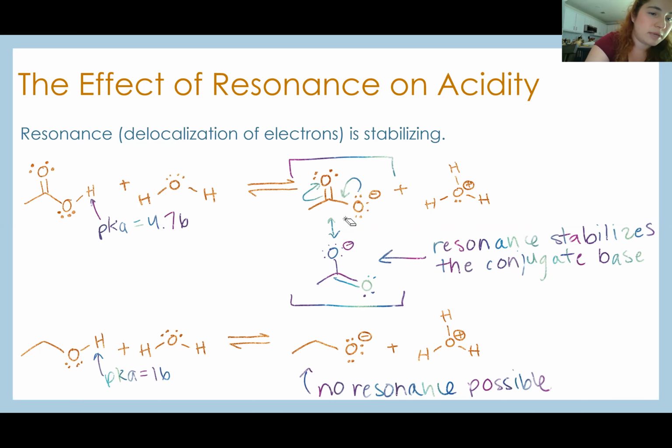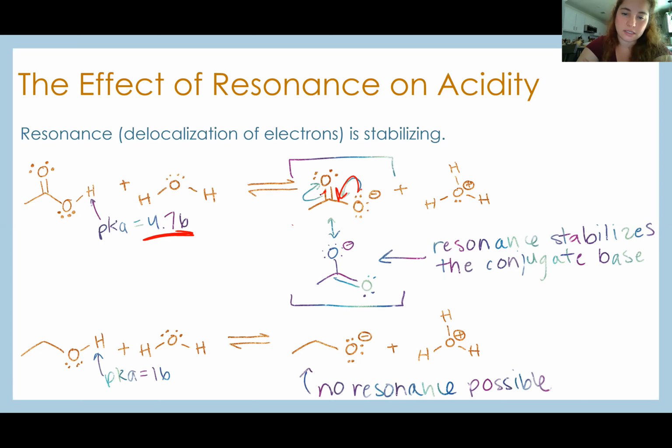So the pKa of acetic acid is one that we're working on memorizing, right? It's 4.76. If you put it into water, it will dissociate a little bit, and you will end up with a small amount of acetate and hydronium. The acetate ion is resonance stabilized, so we can move these electrons to create a double bond.